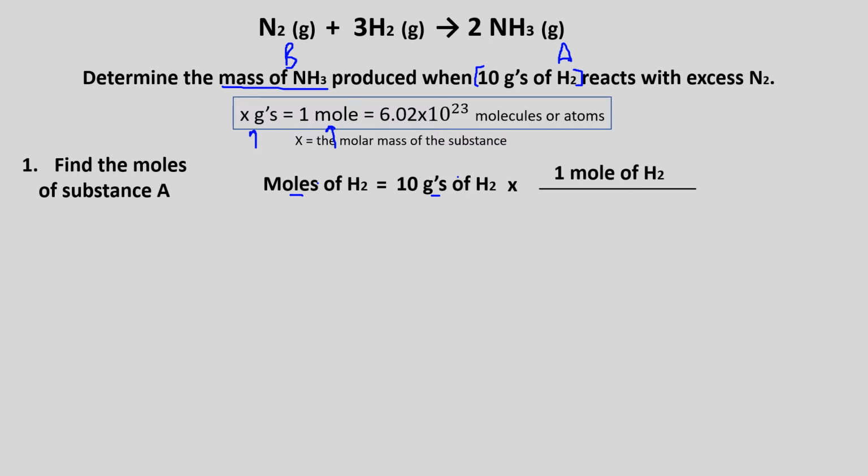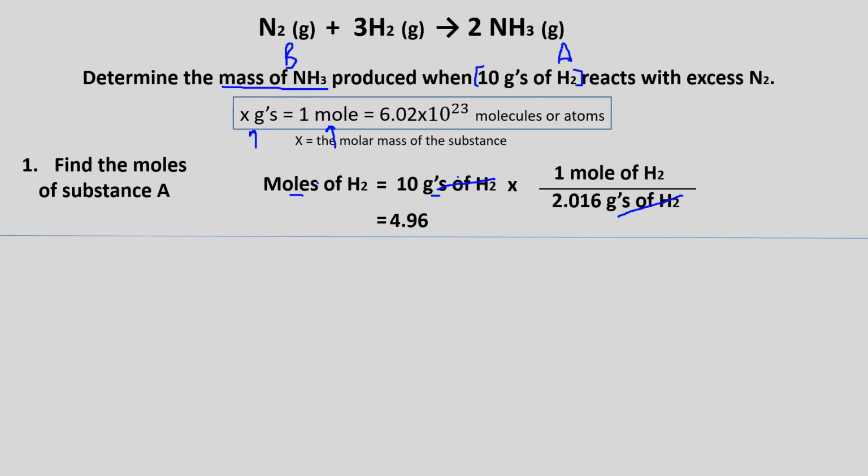So we're going to put that 1 mole of H2 up top, and then you're going to go on a side and figure out the molar mass of H2, which turns out to be 2.016 grams, and that's going to go on the bottom so that our units cancel out. If you type that into your calculator, 10 times 1 divided by 2.016, we should get 4.96. So let's keep that on our calculator. Do not clear that number off.